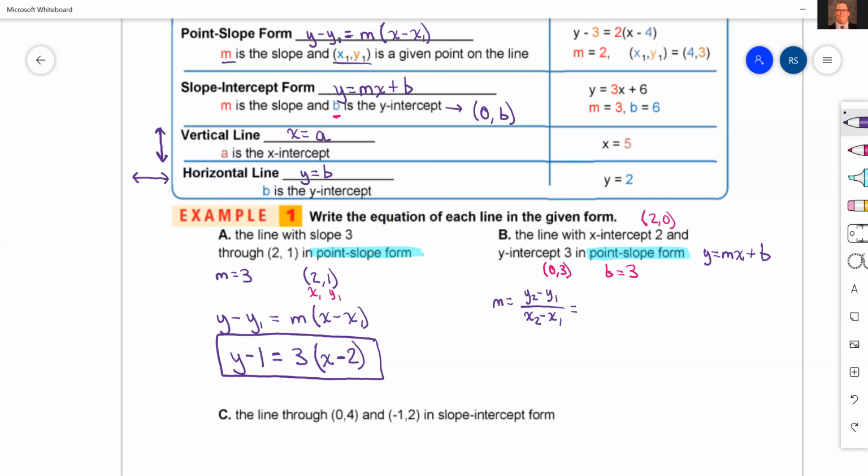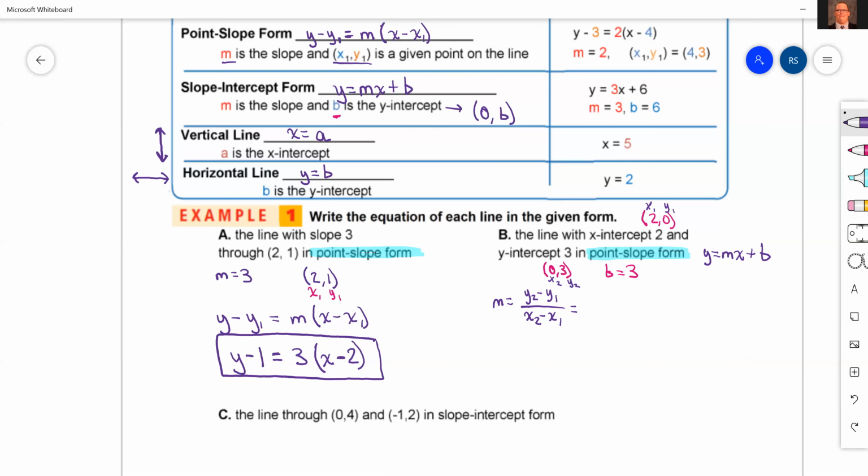I'm going to use this top point as x1, y1, and this bottom point as x2, y2.